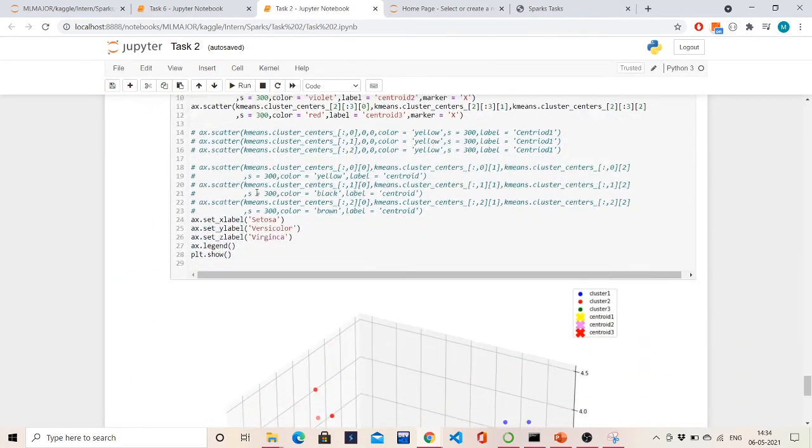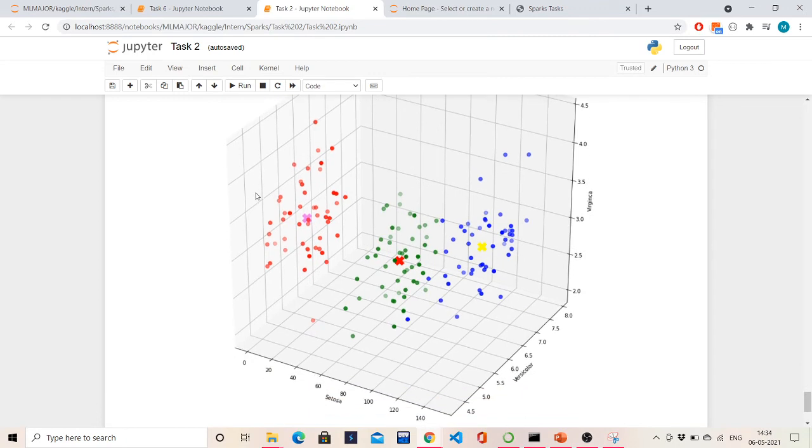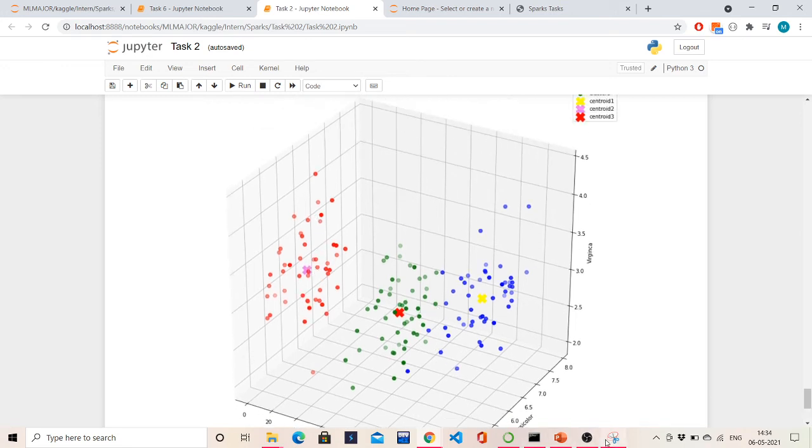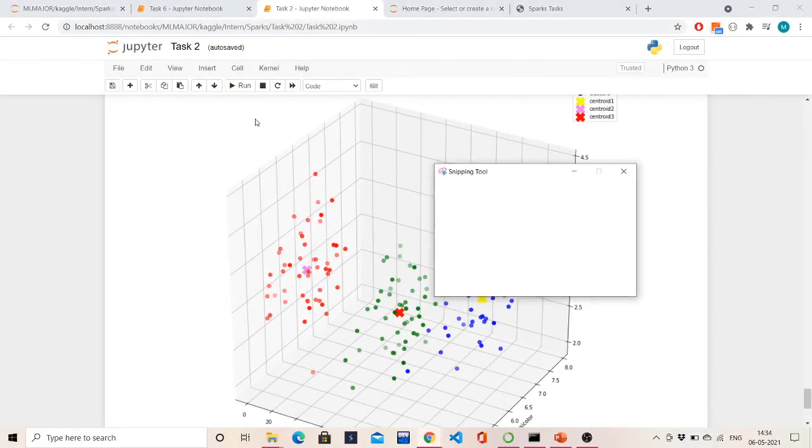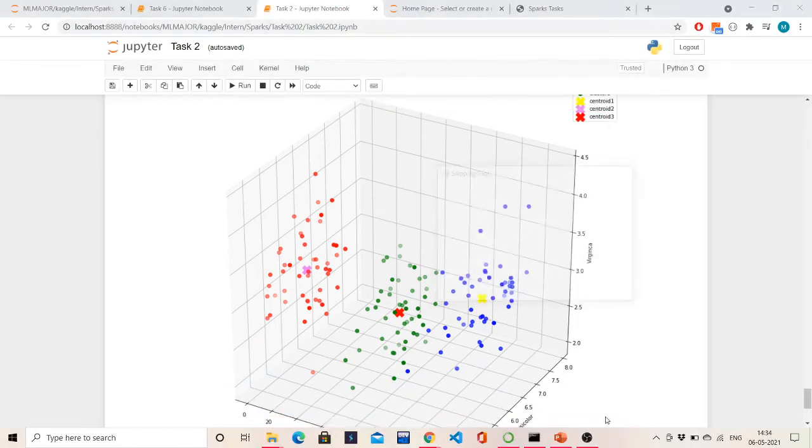So the same thing, with a little bit of changes, and here we go for the 3 dimensions. Here we can see that this is a pretty good classification, pretty good clustering done by the algorithm when I have chosen n equal to 3.